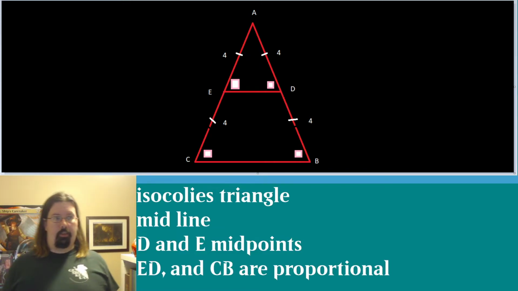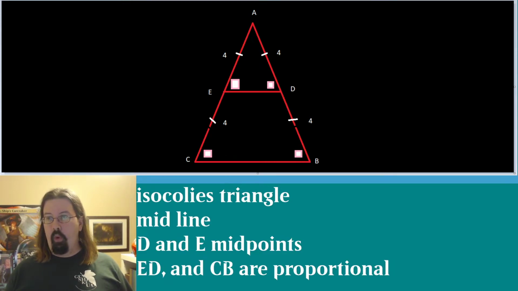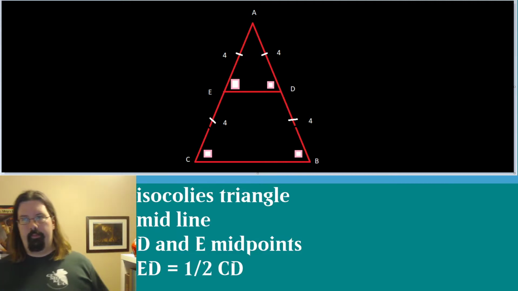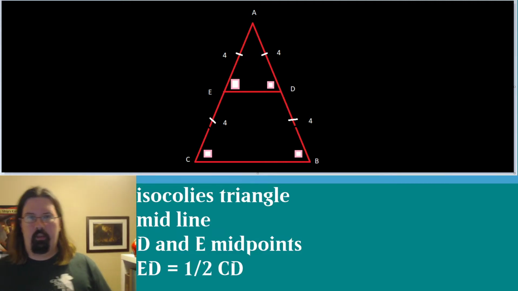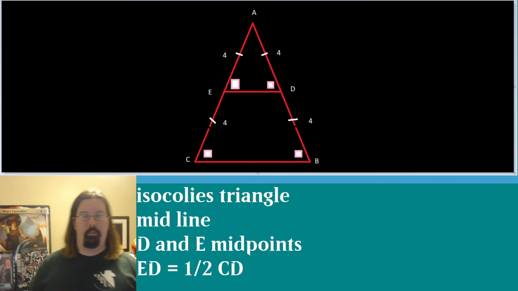Well, ED and CB were already proportional, but ED now equals 1/2 of CB, exactly, if this is the way we set it up.